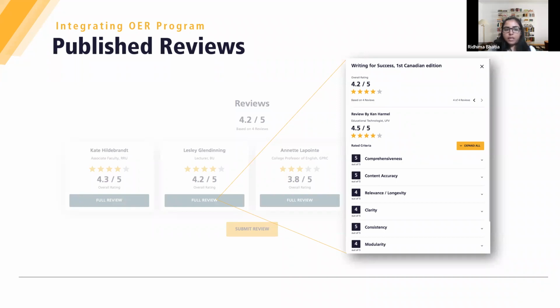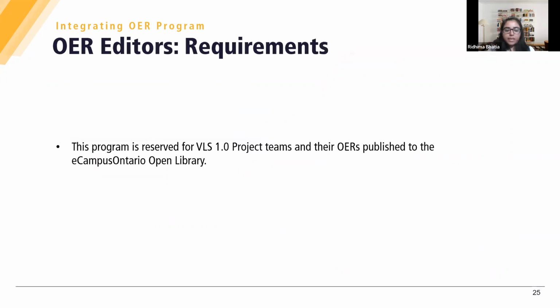So this review is totally based on the open textbook and the old rubric we were using. But for the editing process, we made some changes in the current rubric, and we're going to talk about this in this workshop. Talking about the OER editor requirements and timelines.